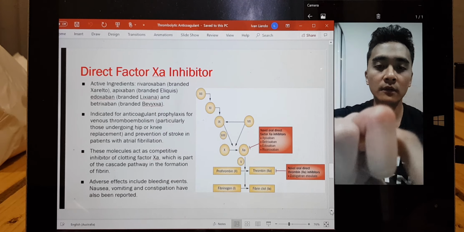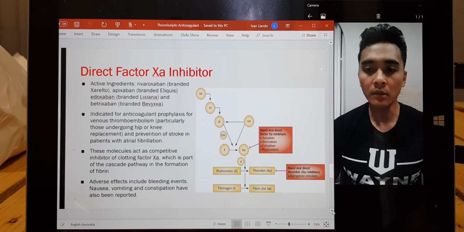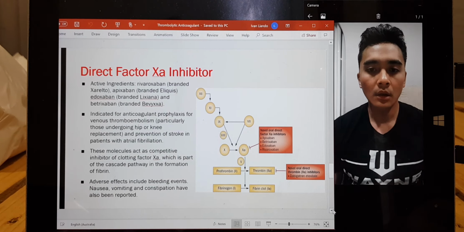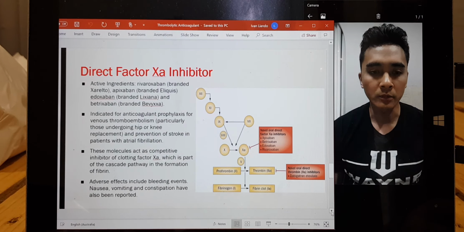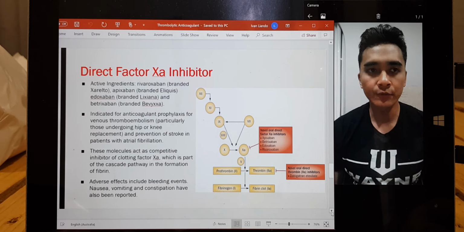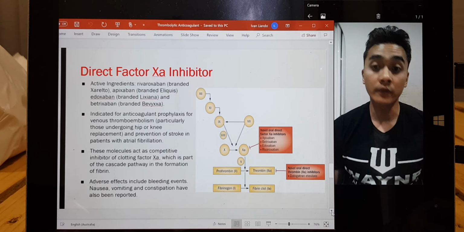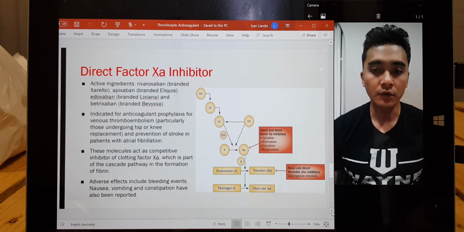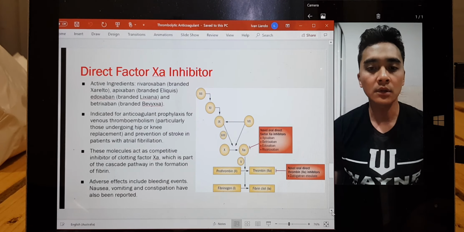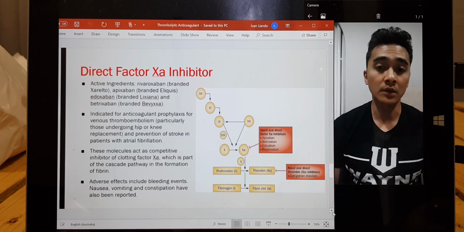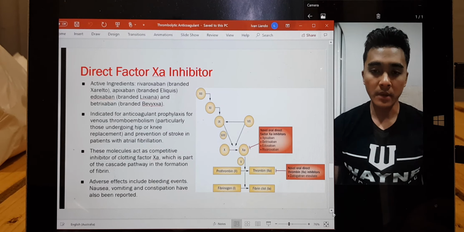So the direct factor Xa inhibitor is sold as multiple brands, and each brand has a different active ingredient. So you've got rivaroxaban, apixaban, edoxaban, and most recently approved, betrixaban.